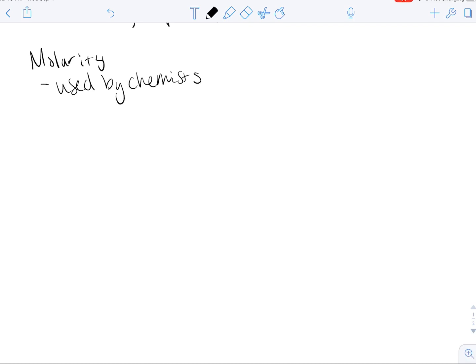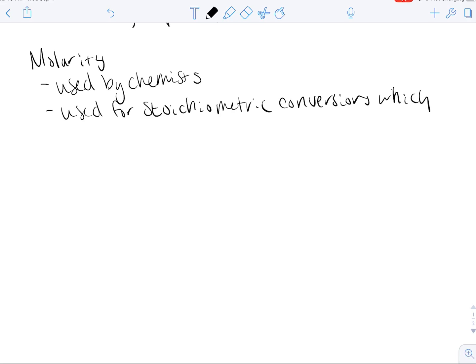It is used for stoichiometric coefficients, which include solutions. You guys should have at this point already used molarity in stoichiometry. So review that if need be.